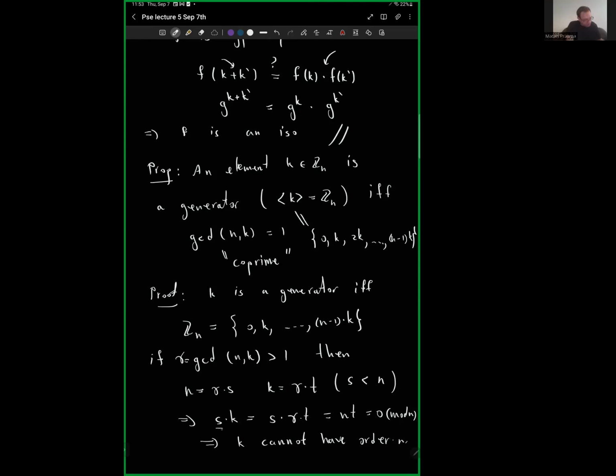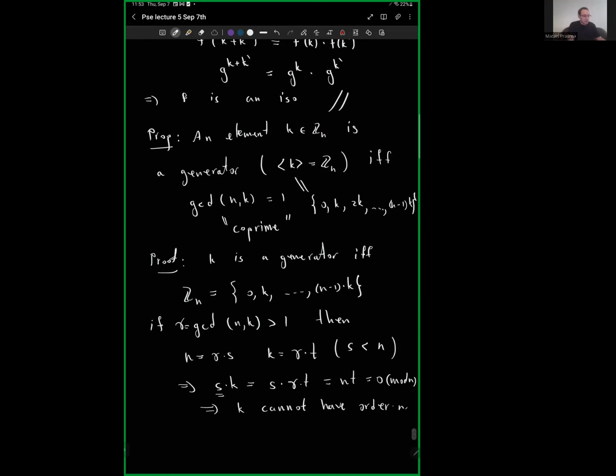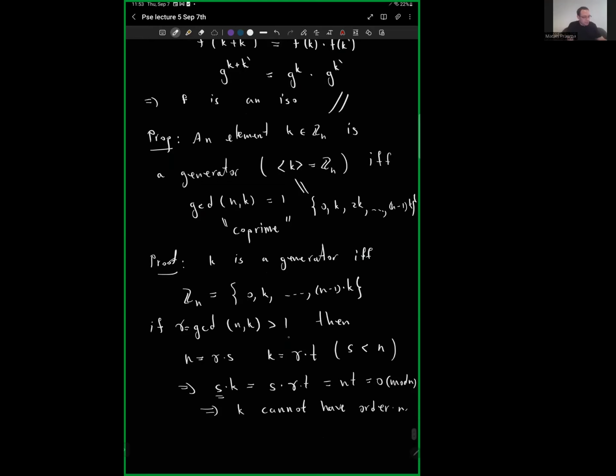If I found a number s that is smaller than n, such that s times k is 0 modulo n, then k must have an order that is smaller or equal to s, which is smaller than n. So this is a contradiction. So this is one direction, right? If the GCD of k and n is bigger than 1, then k is not a generator.